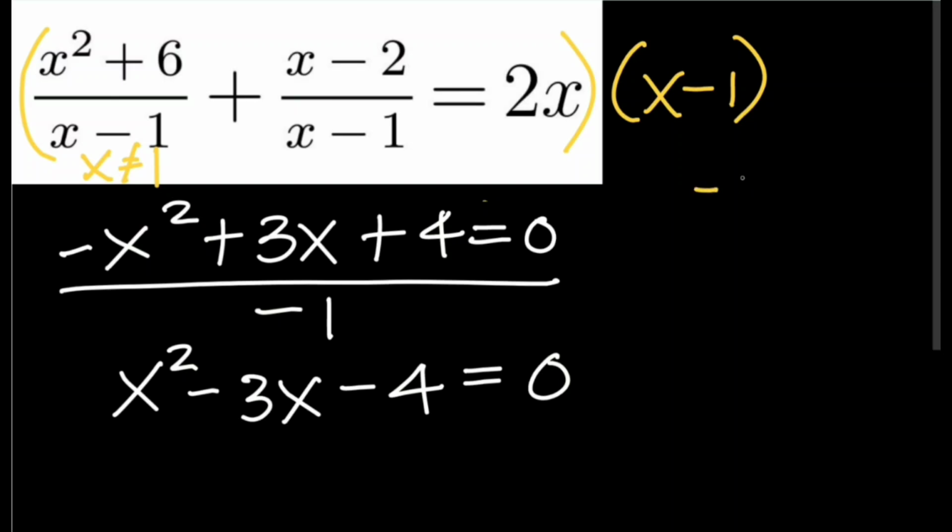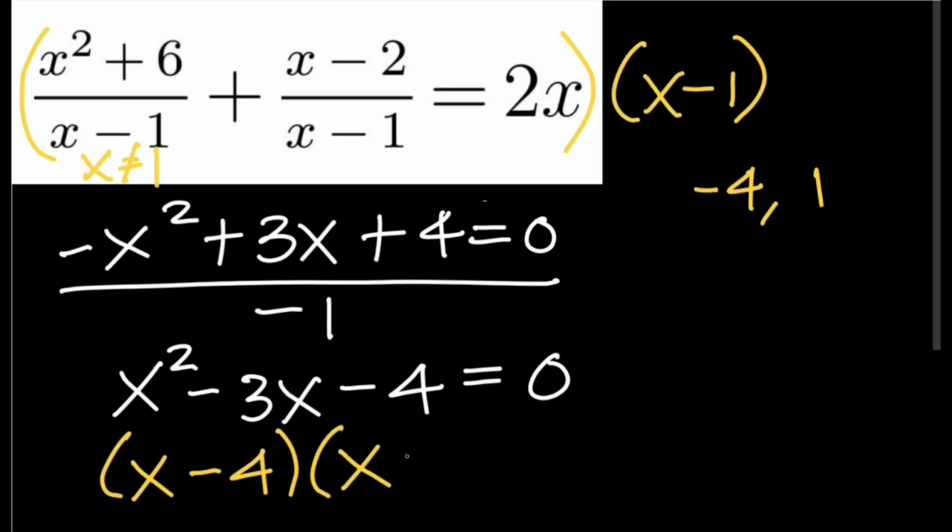So we can use negative 4 and positive 1, since the coefficient of the middle term is negative. Therefore, the larger number should be negative. So this is (x - 4)(x + 1) = 0.